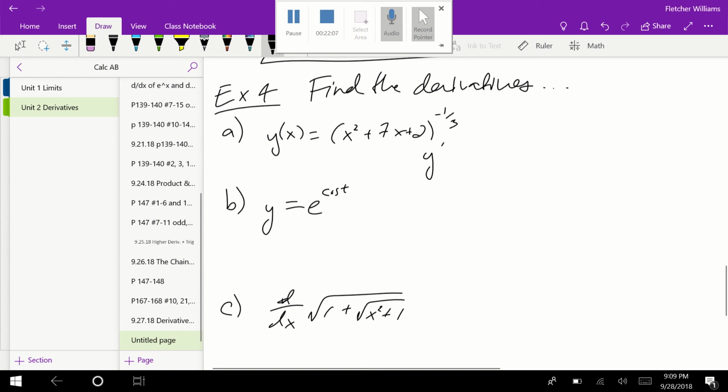So for this first one, y prime of x equals minus 1/3, all of the inside stays the same, to the minus 4/3, times 2x plus 7.